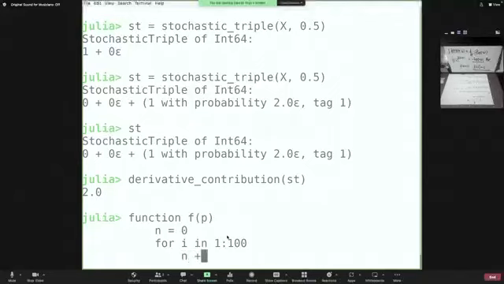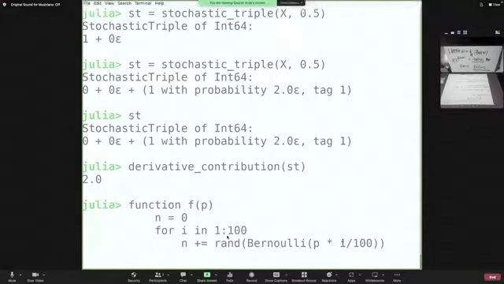So I'm going to do n plus equals rand of Bernoulli, and I'm going to make my transition function depend on p. For example, maybe something like p times i over 100, or maybe that should be n.